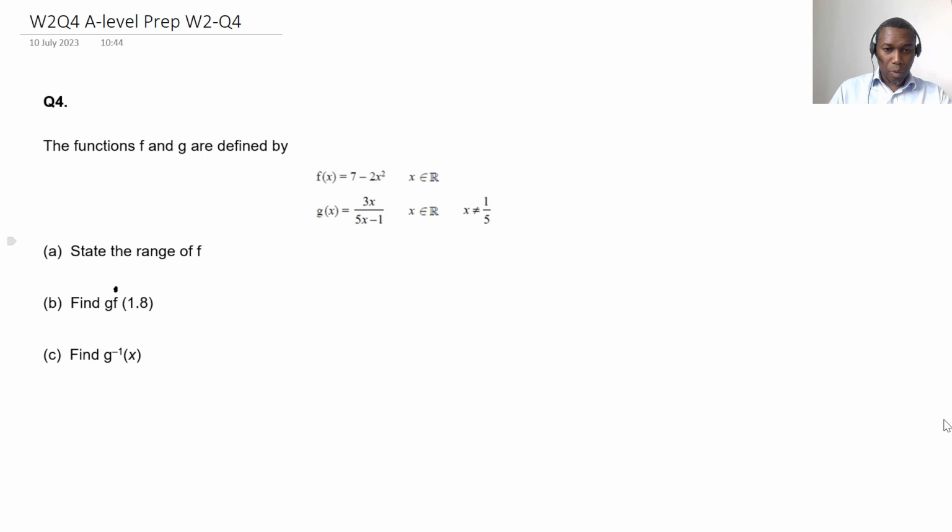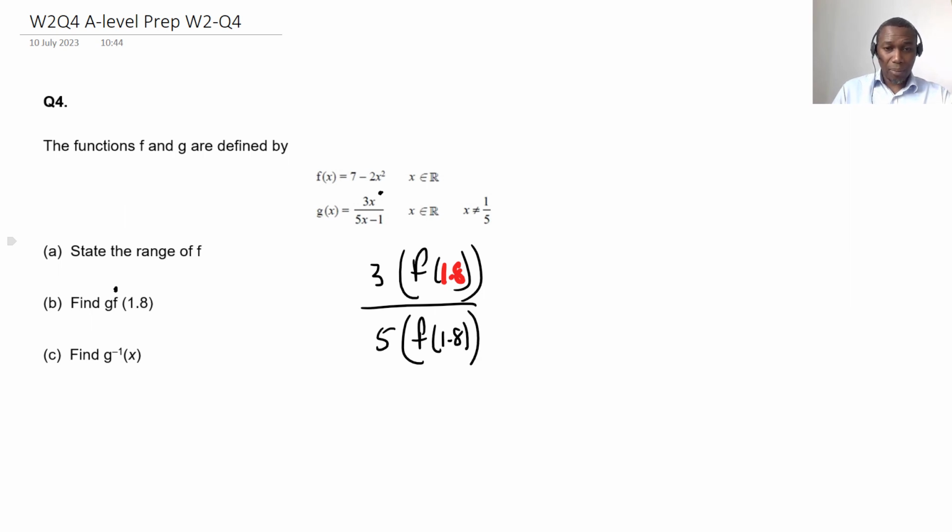So basically what we have is we're going to have 3 f of x, that numerator, whatever the f of x is going to be. And let me be more specific. 3f of 1.8. So you can put it all in one go. But 3f of 1.8, that's what we're going to have in the numerator. And then we're going to divide it by 5 lots of f of 1.8 again.